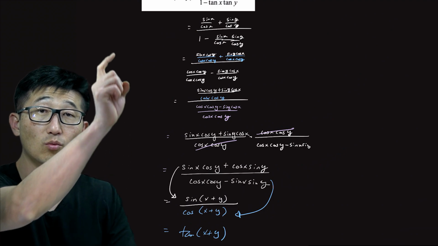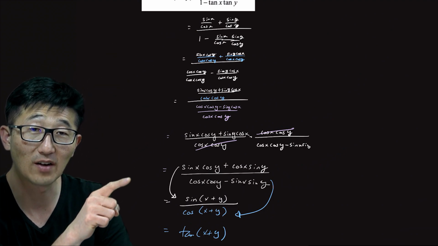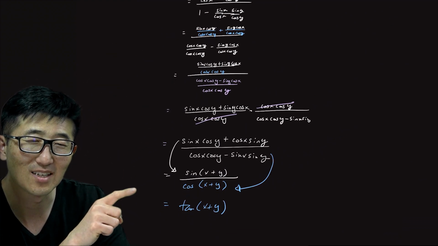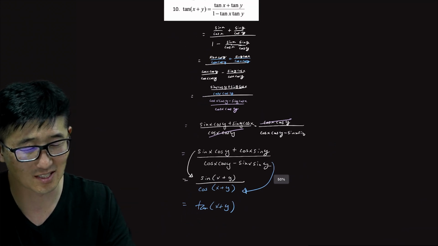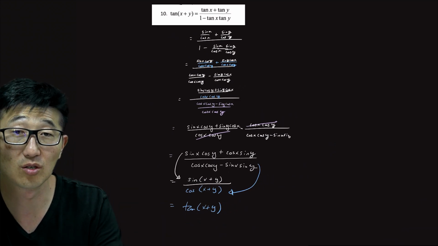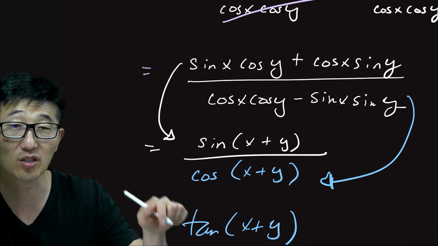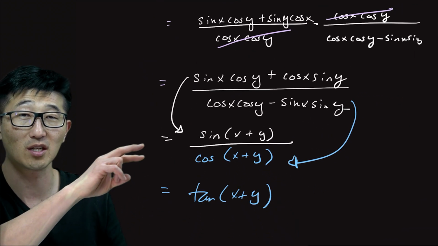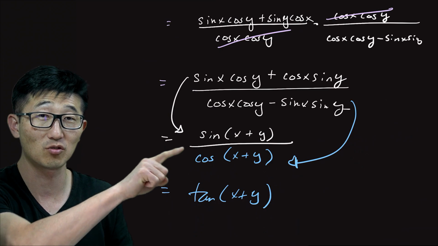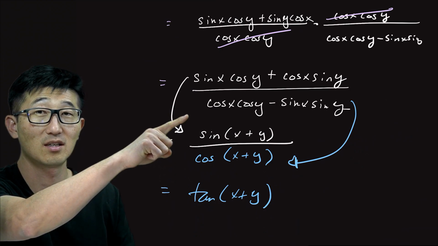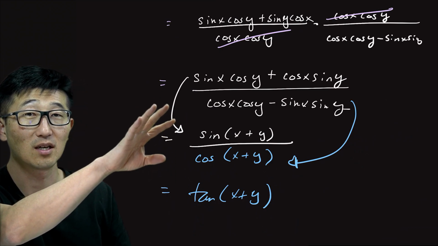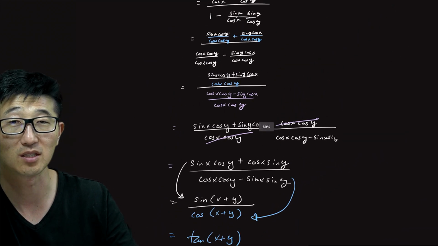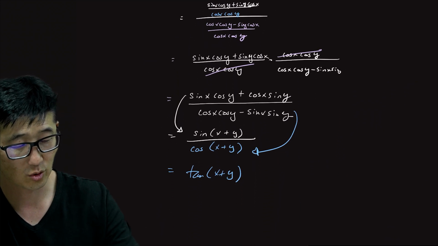So 1, 2, 3, 4, 5, 6. This one has 6 lines. You see how you recognize that on the other side, we went backwards. We went here to here to here, and then we kind of just stopped. And then I realized, oh, what they mean is start from the other side, work our way down.